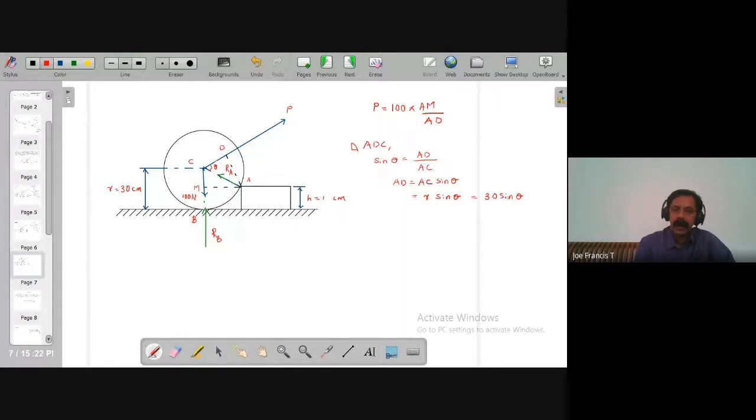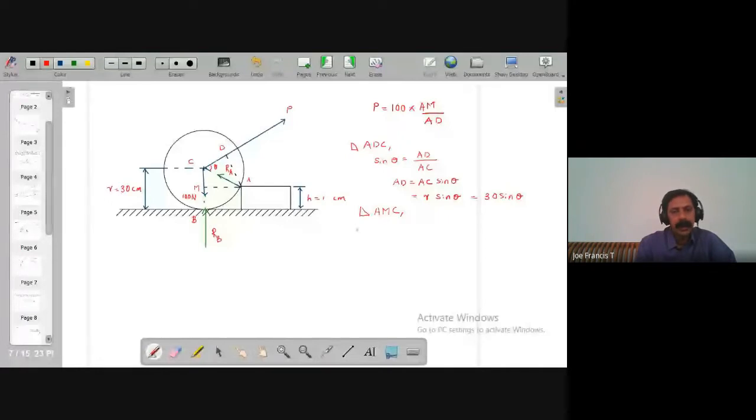Now when it comes to AM, the numerator is AM. We need to consider another triangle AMC, right triangle.